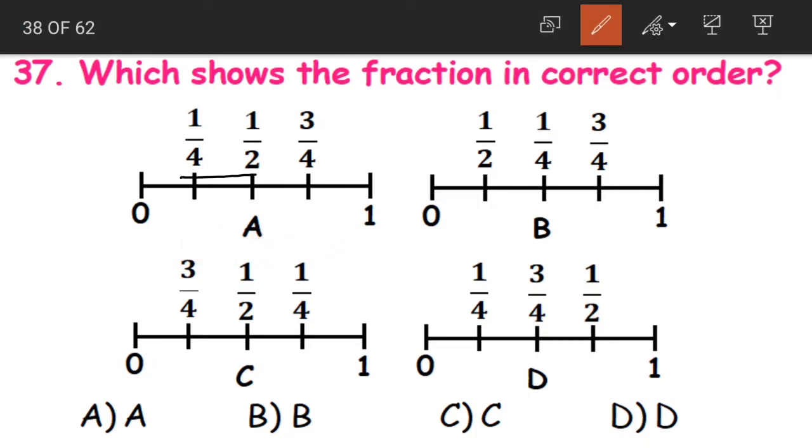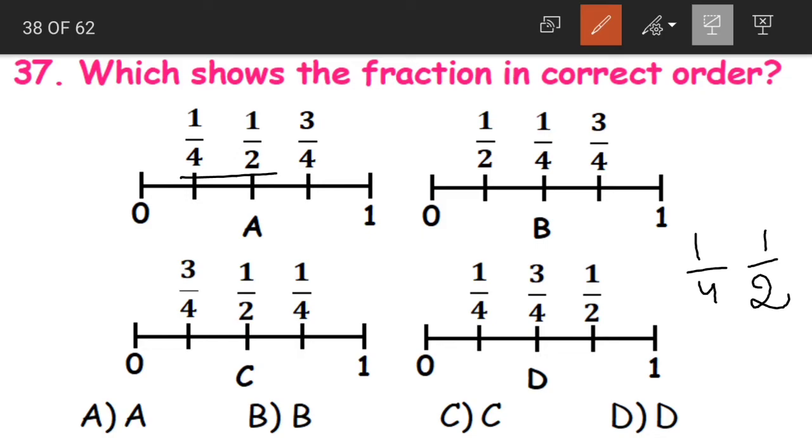Now when we compare 1 by 4 and 1 by 2, we know which is the smaller one. 1 by 4 is the smaller one, and then comes 1 by 2. We know that 1 by 4 is the smaller one and 1 by 2 is the greater one.